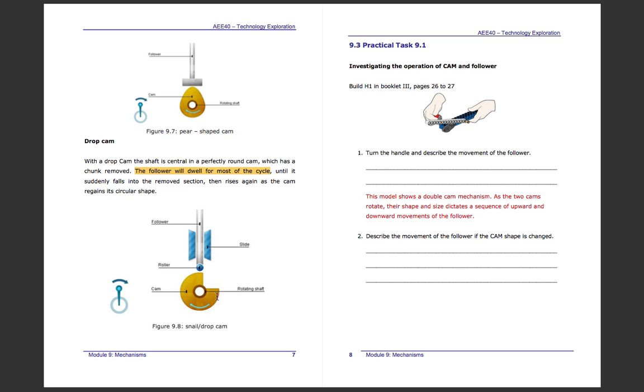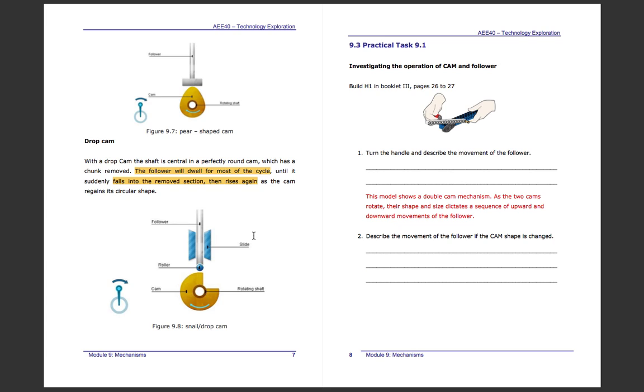It's like a circle, so it will not move. And then as it comes to this part, it will suddenly fall. And then as it comes back here, it will rise.